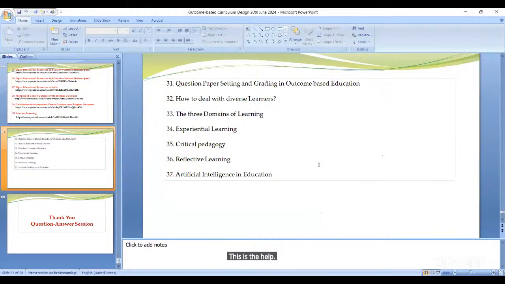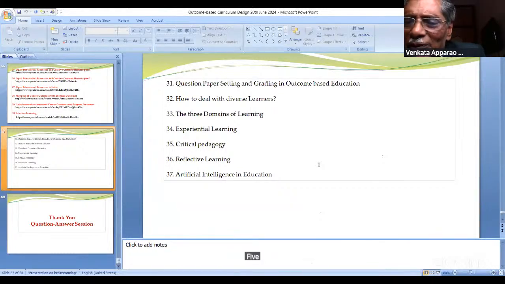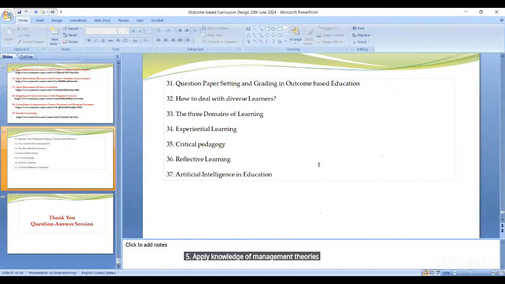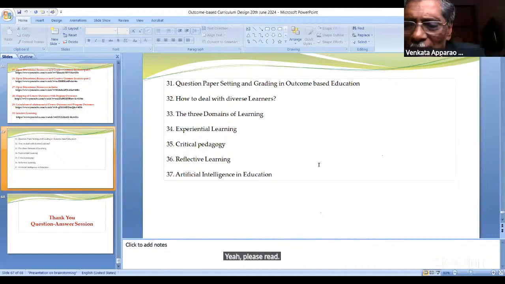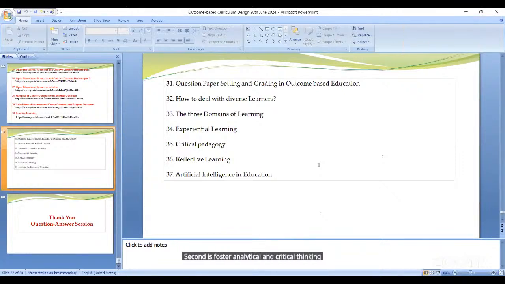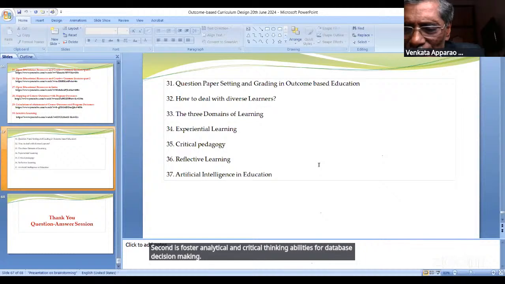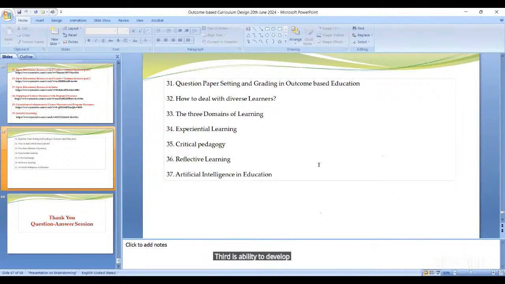Sir, if you want, I can read them out. I have the program outcomes in front of me. First, apply knowledge of management theories and practices to solve business problems. Second, foster analytical and critical thinking abilities for data-based decision making. Third, ability to develop value-based leadership quality.